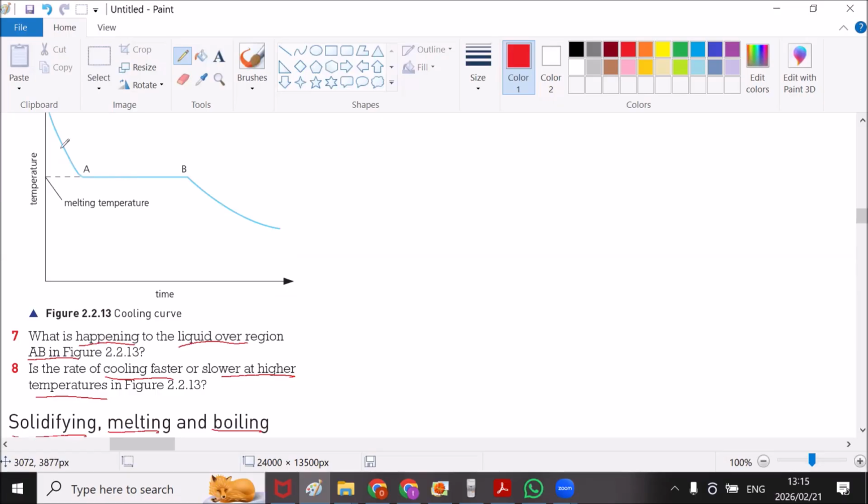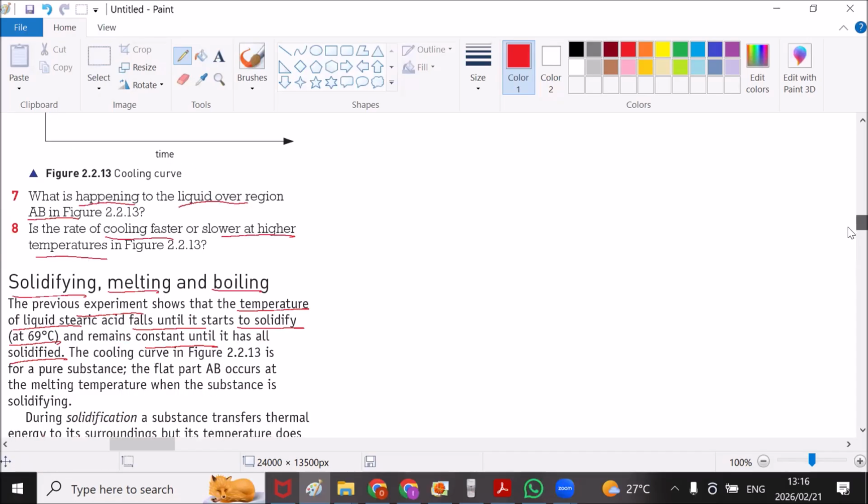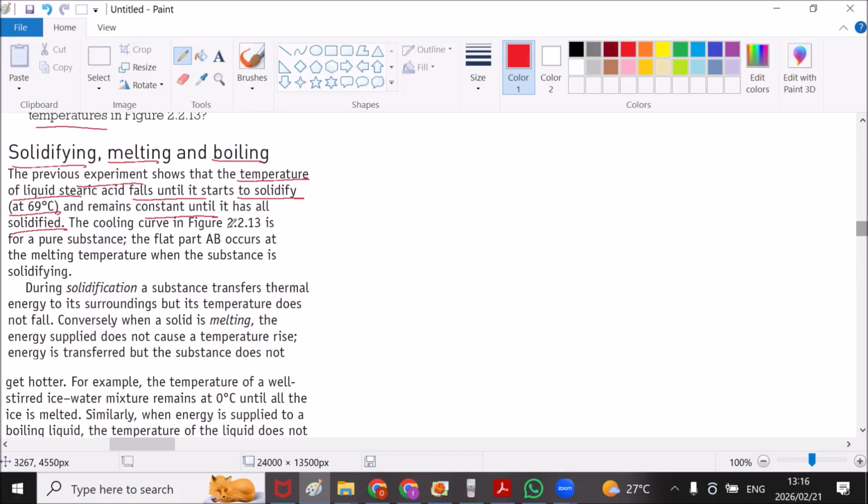So when we are changing state from liquid to solid, from A to B, it's a mixture of liquid and solid. When all the liquid has turned to solid, the temperature starts falling again. But when the mixture is liquid and solid, the temperature remains the same. The cooling curve is for a pure substance.